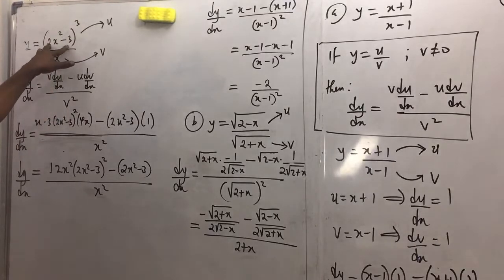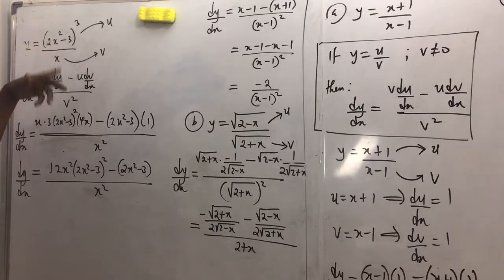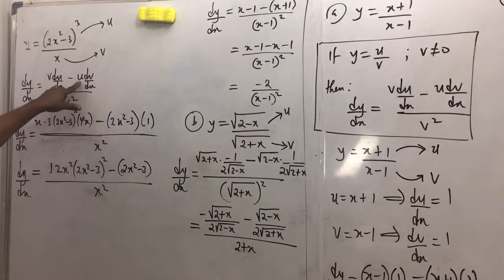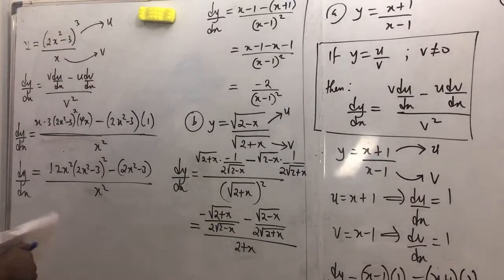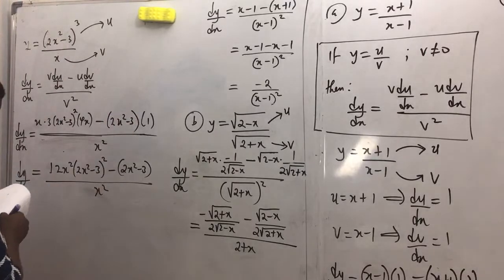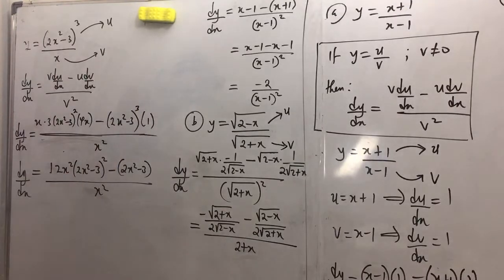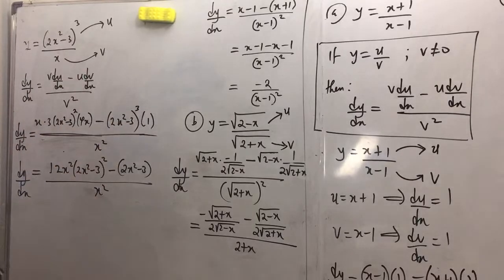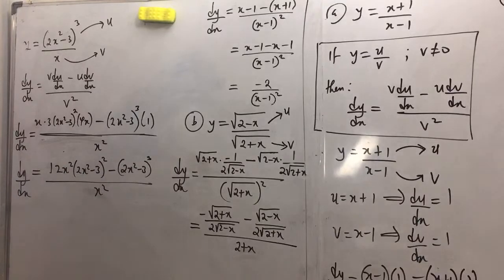Then differentiating this inner function gave us 4x, minus differentiating 3 gave 0. So that was how we got this. Now minus u was the outer function, so this is where we are supposed to put 3, right? Yeah. Thank you very much. So this is where we are supposed to put 3. Good. So we now differentiated v and got 1, right? So this should be 3. Thank you for that observation.